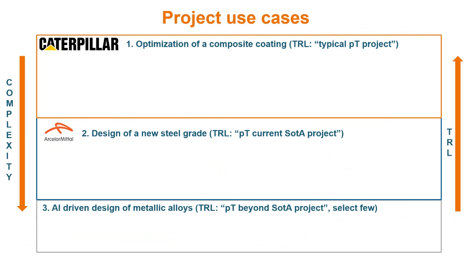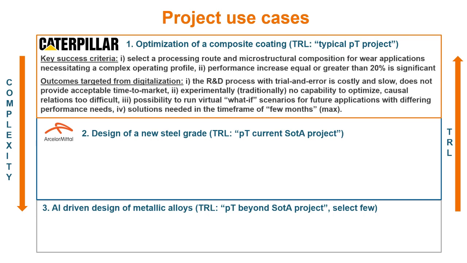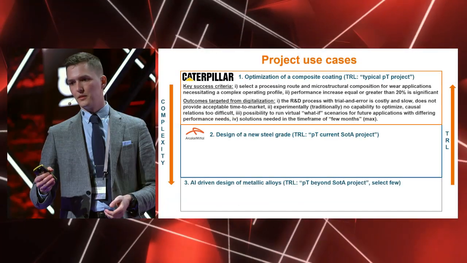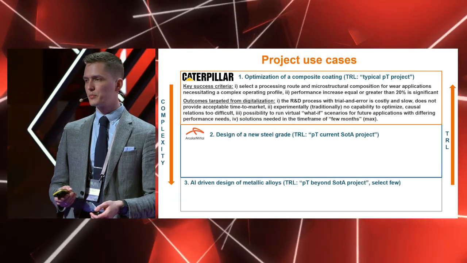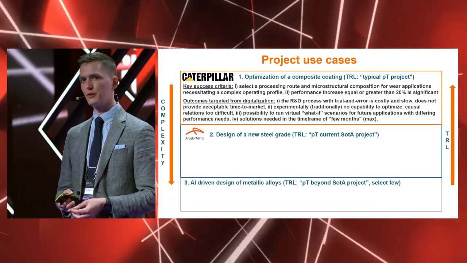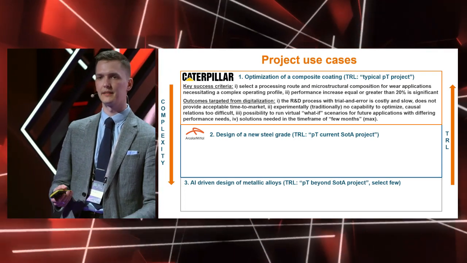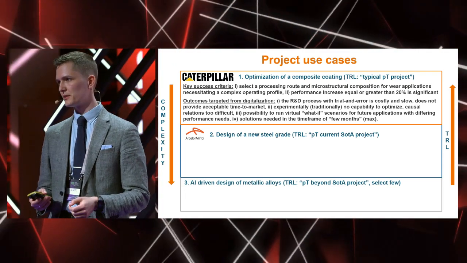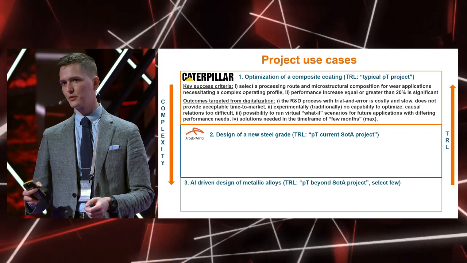Now, for project use cases, if we think of, let's say, a simple project, and for Caterpillar, we optimized a composite coating. We could call it a typical ProperTune project. We needed to improve the wear performance of the coating, and an increase of about 20% would be called significant.